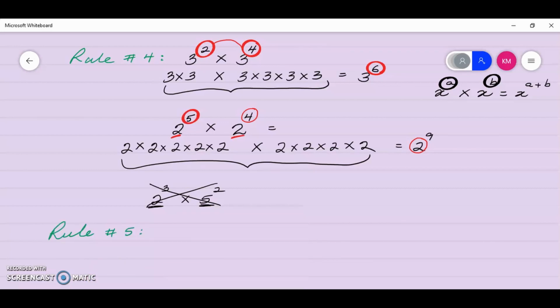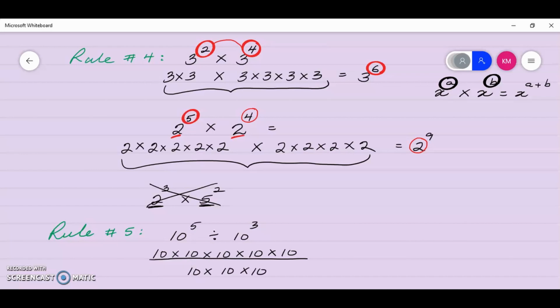Now, what if we had 10 to the power 5 divided by 10 to the power 3? Now, we know 10 to the power 5 is actually 10 by 10 by 10 by 10, 5 times. And we are dividing this by 10 to the power 3. So it's 10 by itself 3 times.